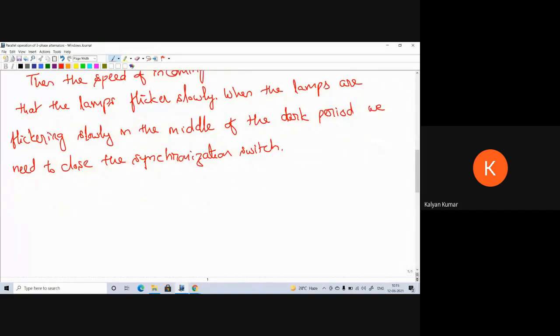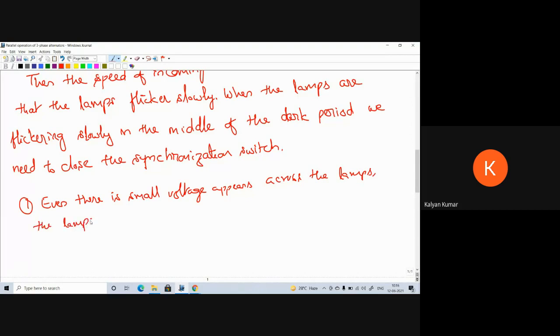So the disadvantages with this method are, first, even if a small voltage appears across the lamps, the lamps will be in the dark position only.